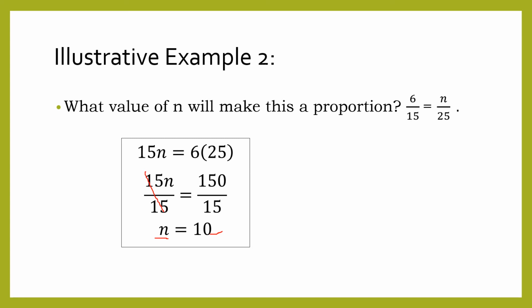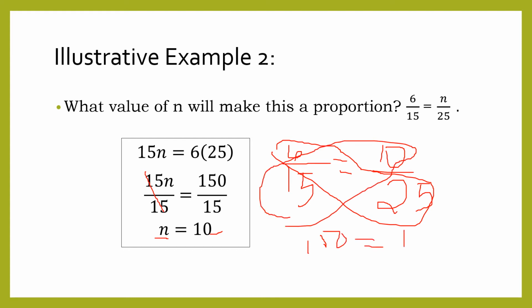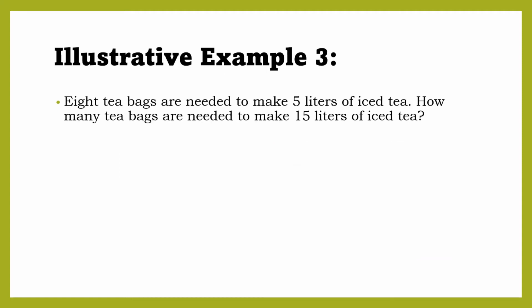So when we are going to check this, 6/15 is equal to 10/25. Let's see. 6 times 25, the answer is 150, and 15 times 10 is also 150.